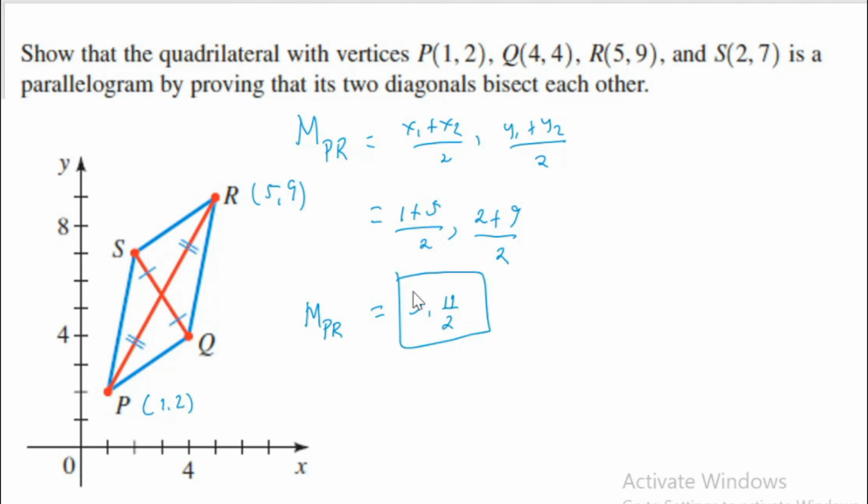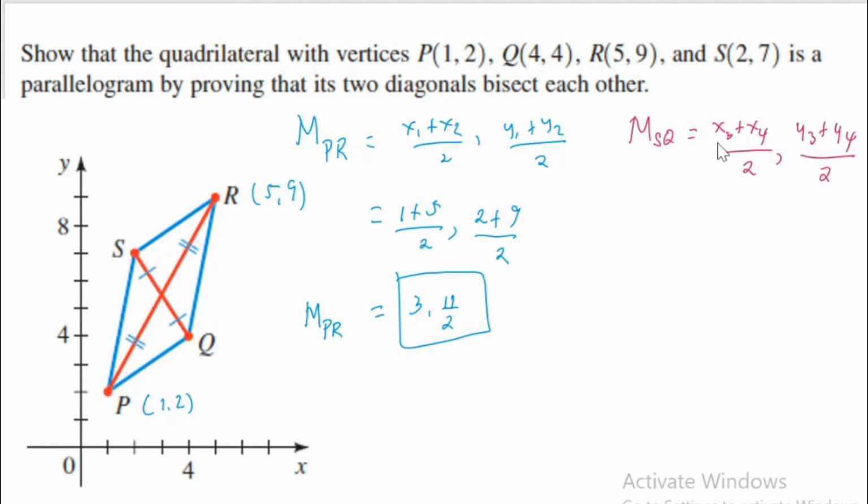Now, we solve the other diagonal line, which is SQ. So I could write the midpoint of SQ as x sub 3 plus x sub 4 over 2 and y sub 3 plus y sub 4 all over 2.